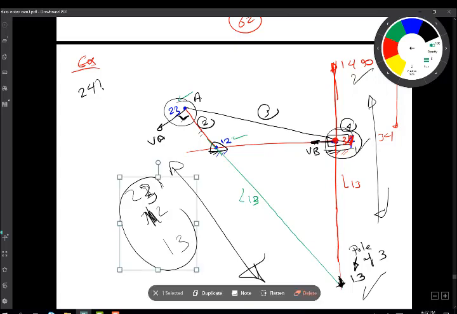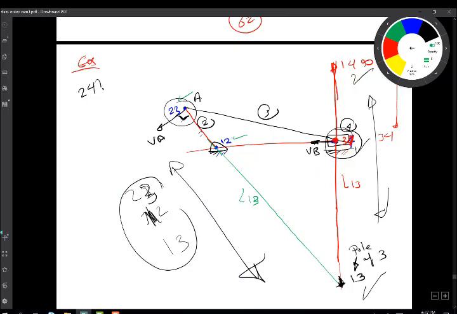So this line, which is link number 3 itself, is a locus for 2, 4, the line which connects A and B at this end. This line is a locus for 2, 4. I need another locus for 2, 4. Okay, any thoughts about this?